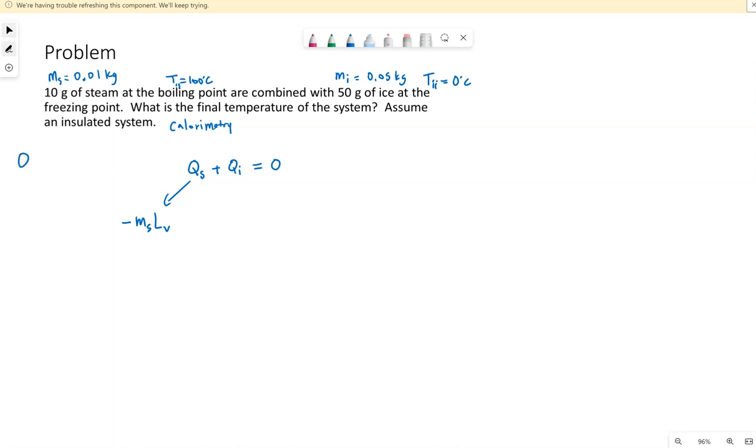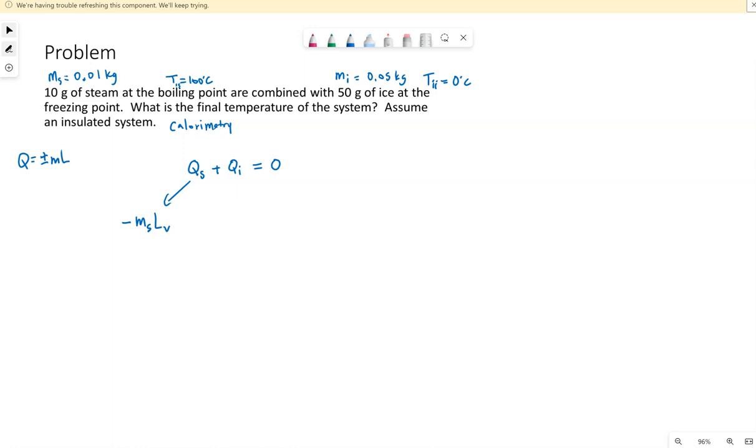Now, if you remember, change of phase, our equation is written as plus or minus m times L. I am choosing the minus because I need to take energy away or out of the steam in order for it to go from a gas phase to a liquid phase. So the minus sign, I'm accounting for the energy needing to come out.